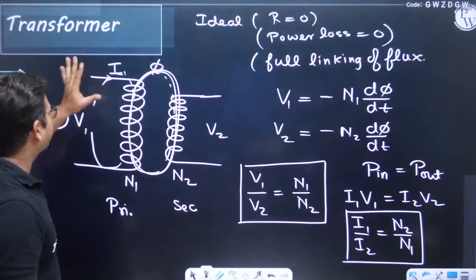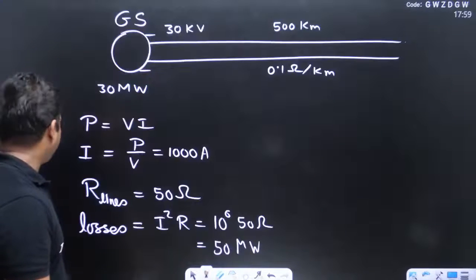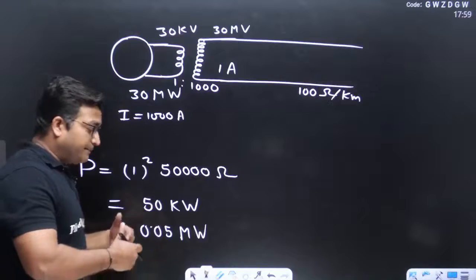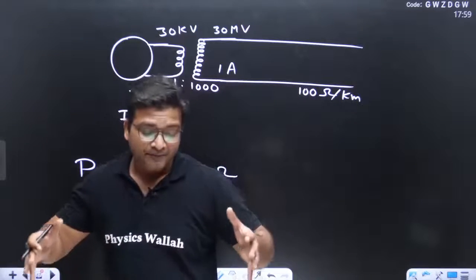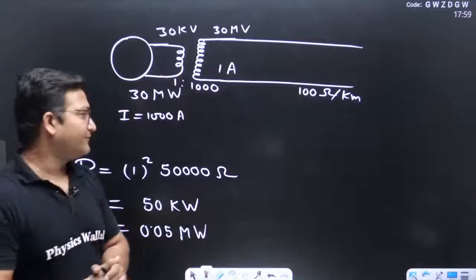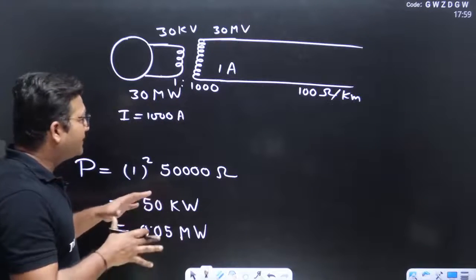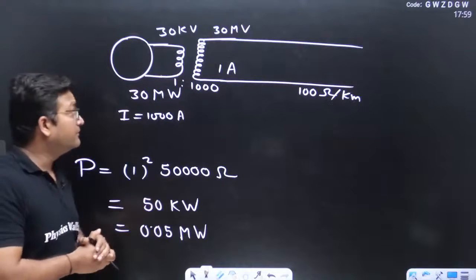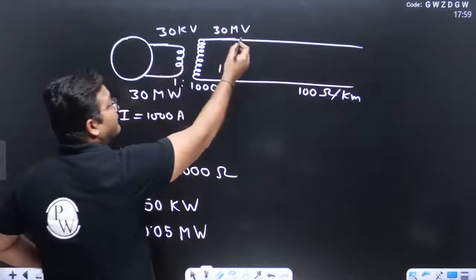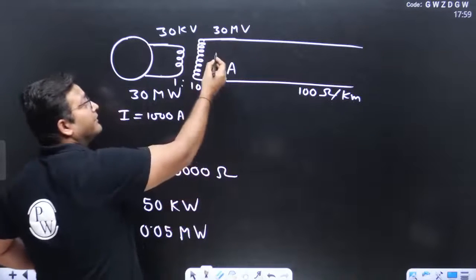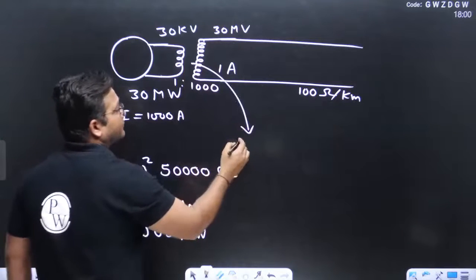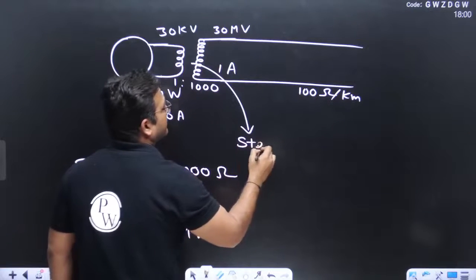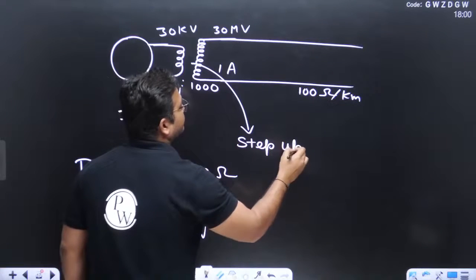So with DC, the transformer cannot act, and the transmission of DC current over a long distance with very high efficiency is not possible. So I think now you understand the concept of transformer. If the voltage level is increasing and current level decreasing, this type of transformer is called a step up transformer.